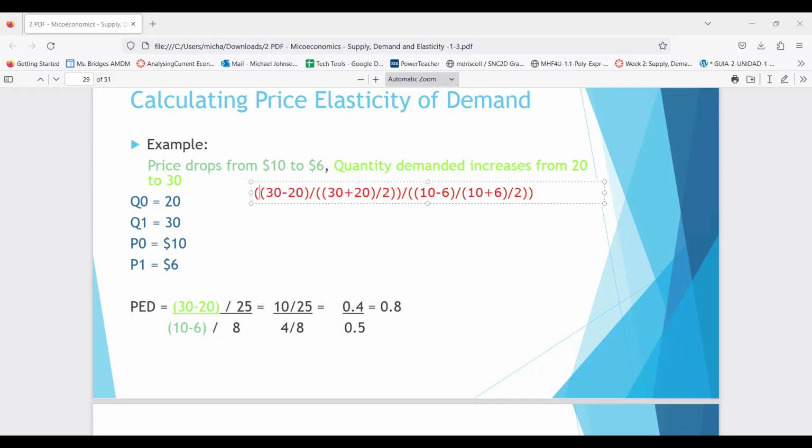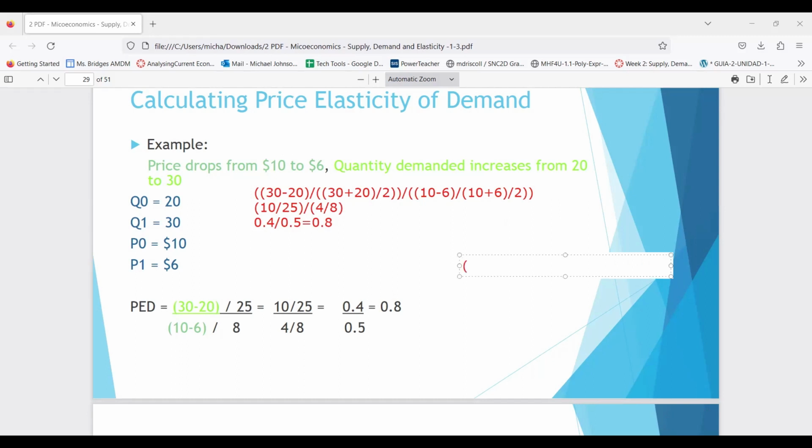So this would be 10 divided by 25, divided by 4 divided by 8. That is 0.4 divided by 0.5 equals 0.8. So that's how you do it with the midpoint method.